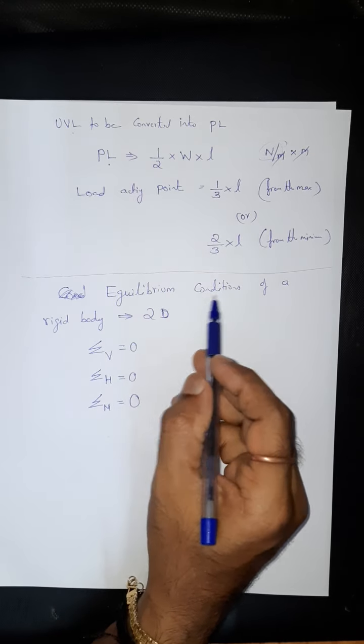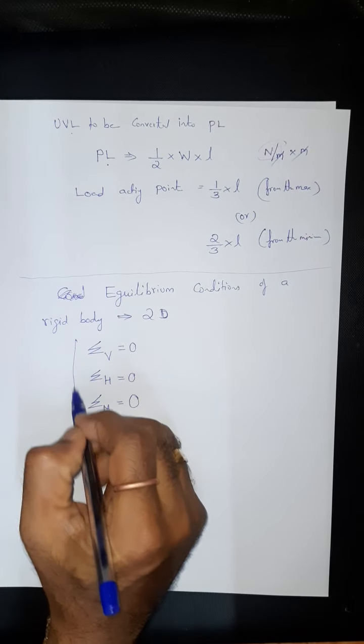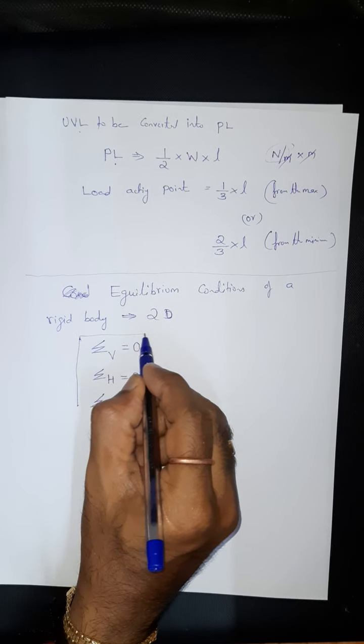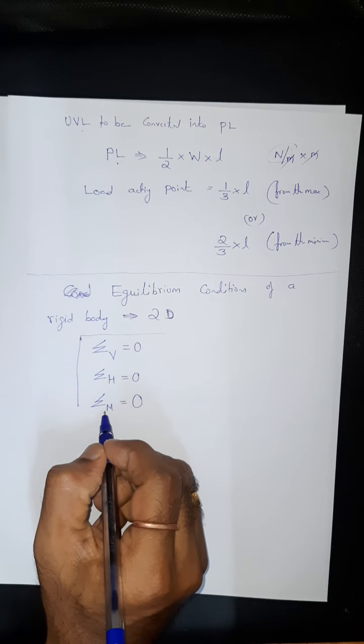So, the equilibrium condition of a rigid body shall be summation V equal to 0, summation H equal to 0, and summation M equal to 0.